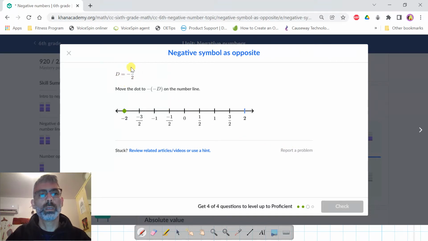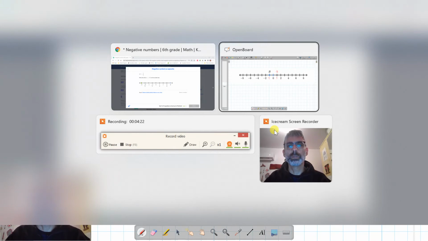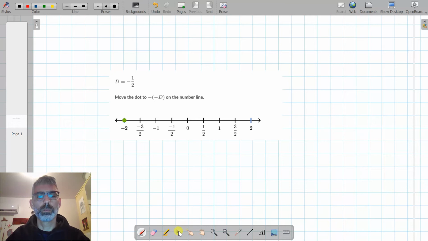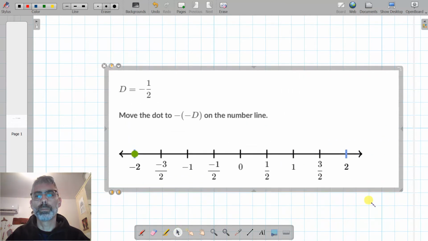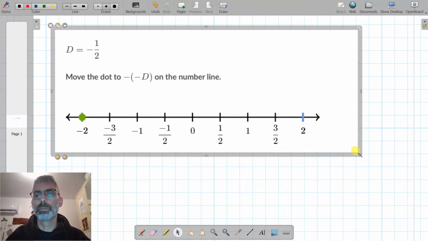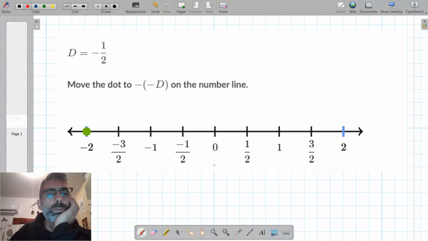D is minus half. Let's copy this to the board. Okay, so let's see, D is minus half. This is point B without any negative sign.